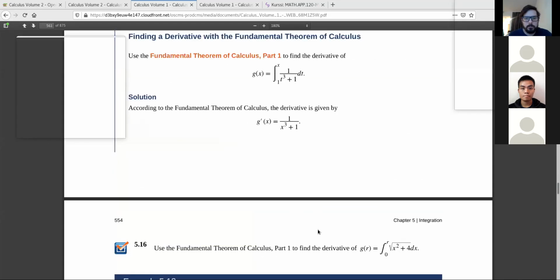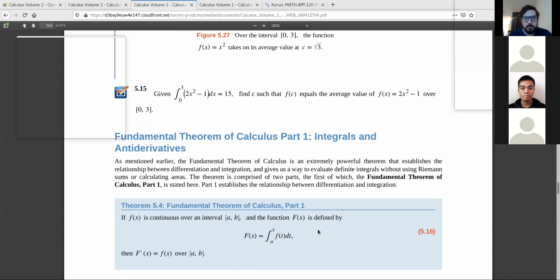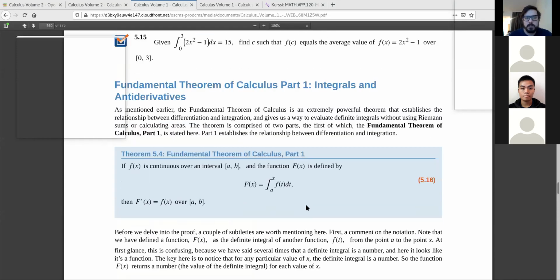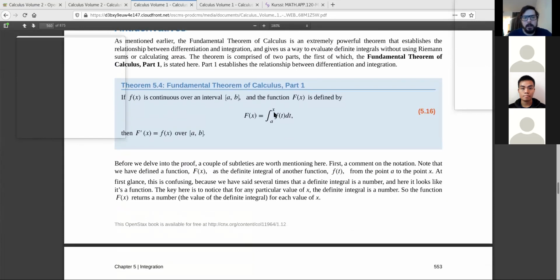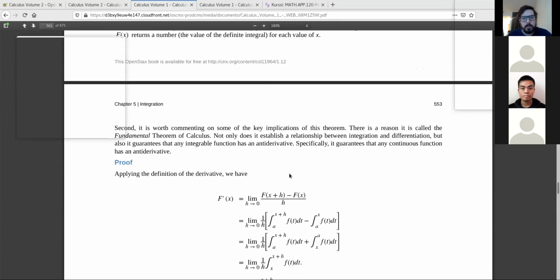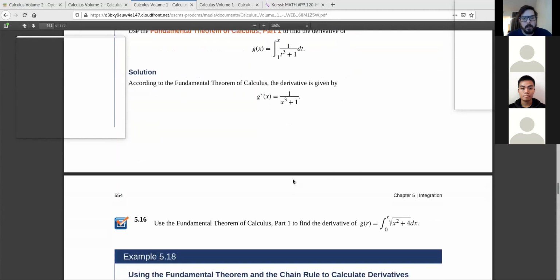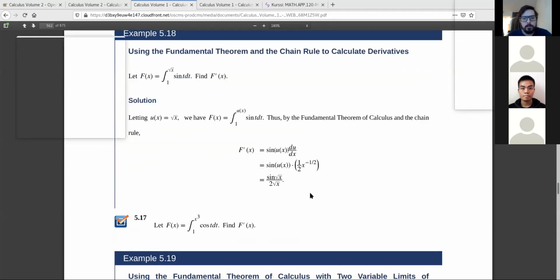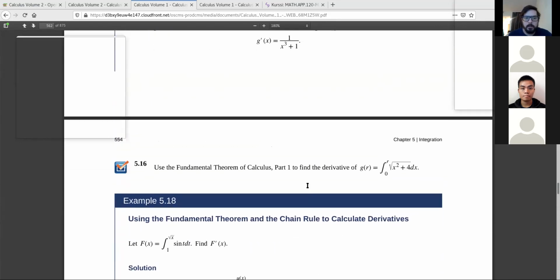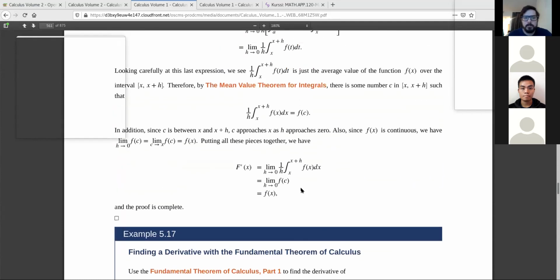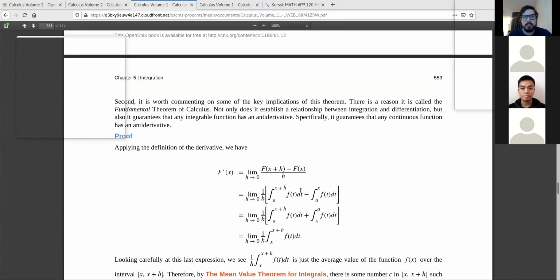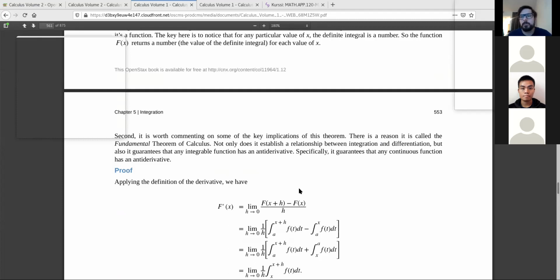And also part one of the fundamental theorem of calculus, which was this. Remember to look at the examples of this and how to use the chain rule and the fundamental theorem to find derivatives of certain functions defined by integrals. We sometimes have to do it when we move towards differential equations.